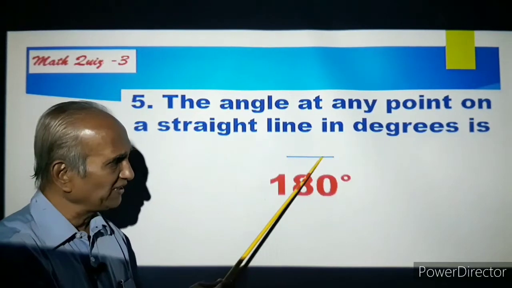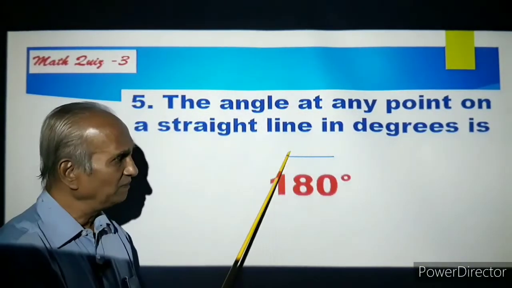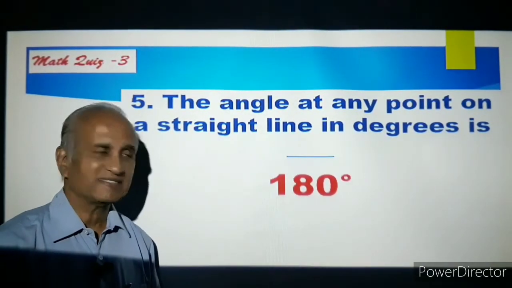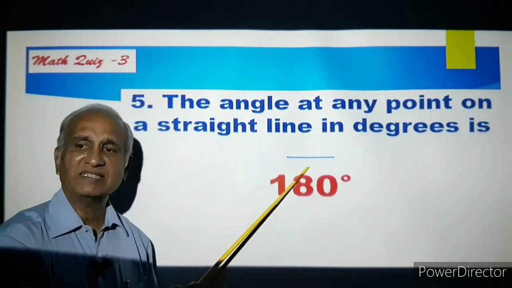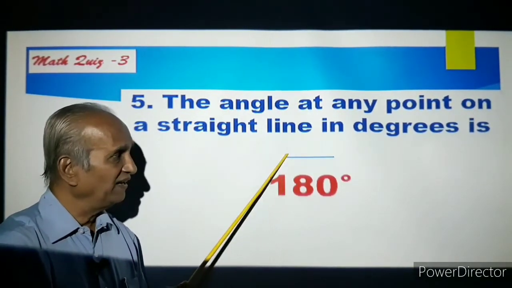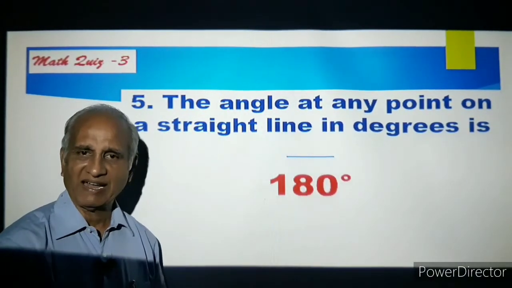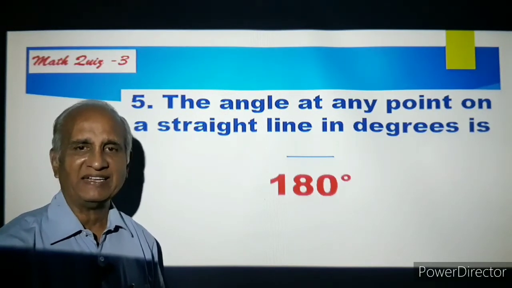Take any point on a straight line, any point. The angle that measures is 180 degrees. 180 degrees, on the other side 180 degrees, it becomes 360 degrees altogether. We call it a straight angle. All straight lines will be measuring 180 degrees.